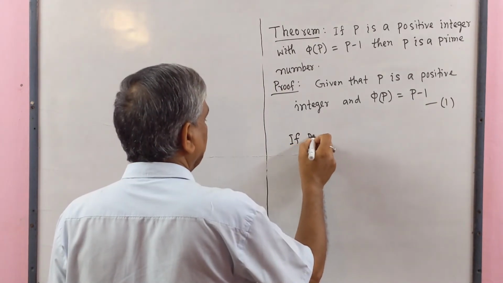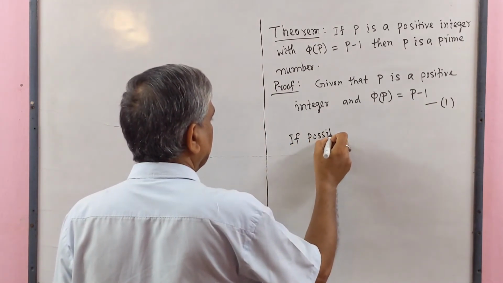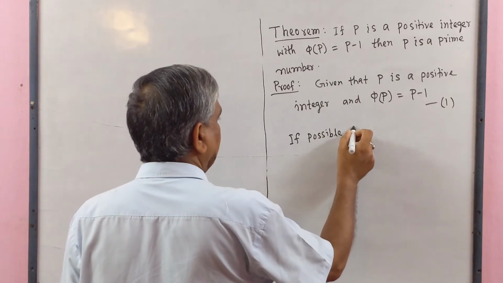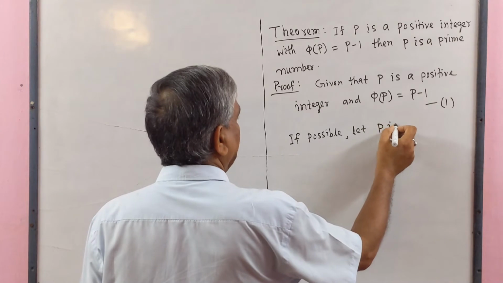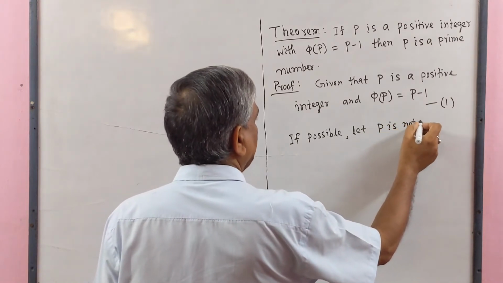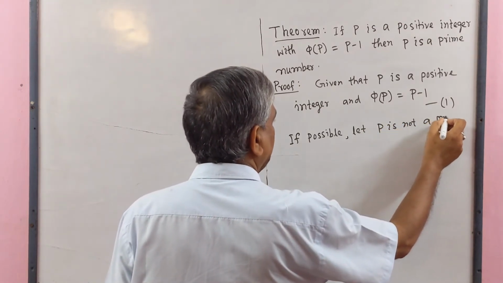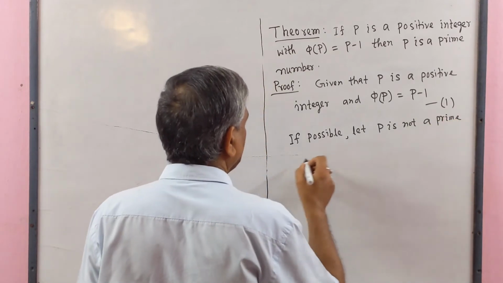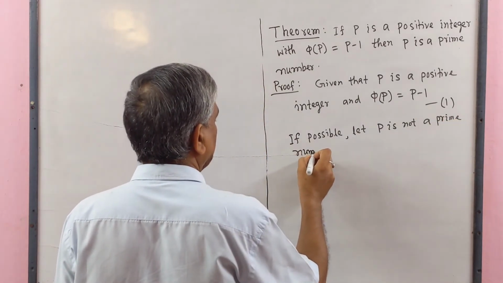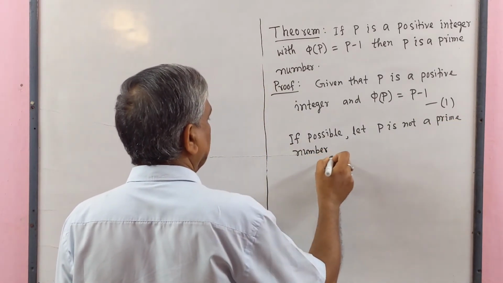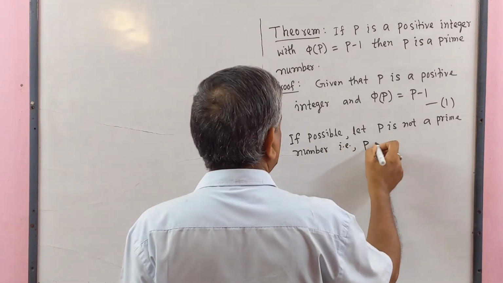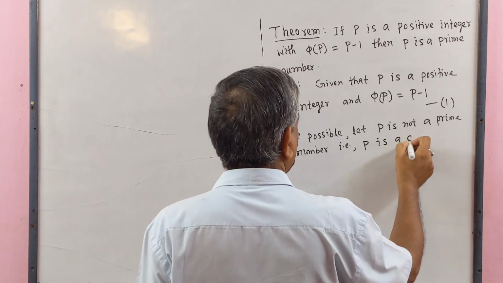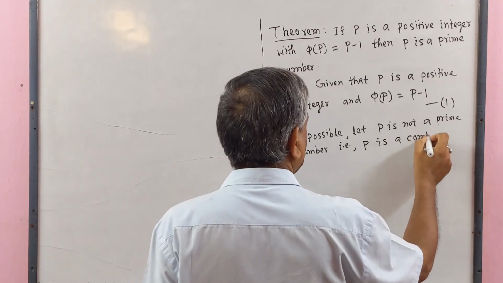If possible, let p is not a prime number. That is, p is a composite integer.